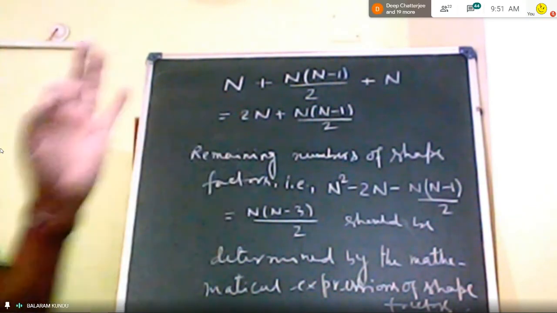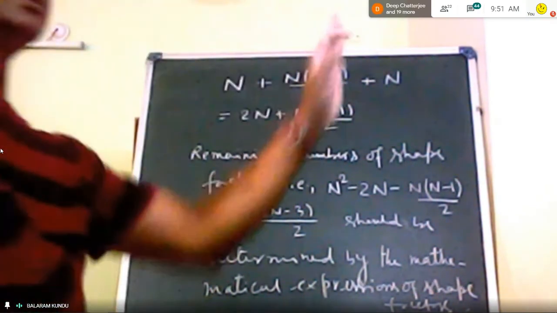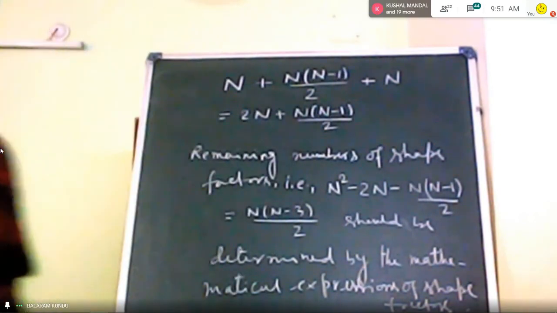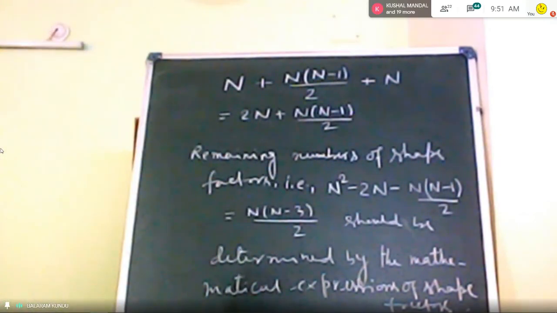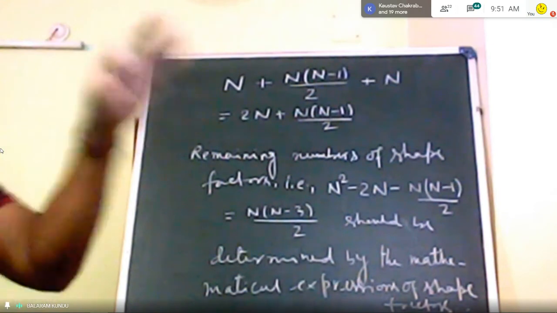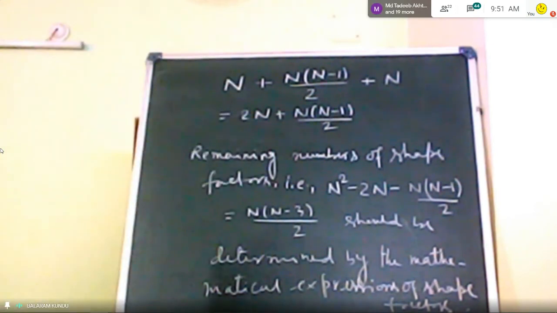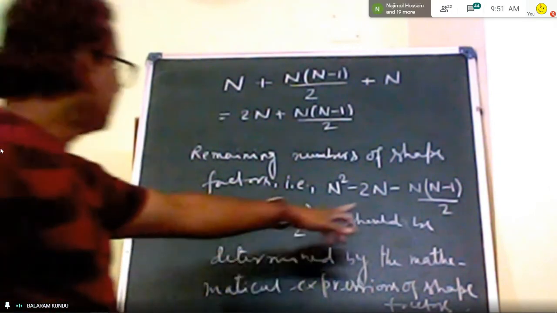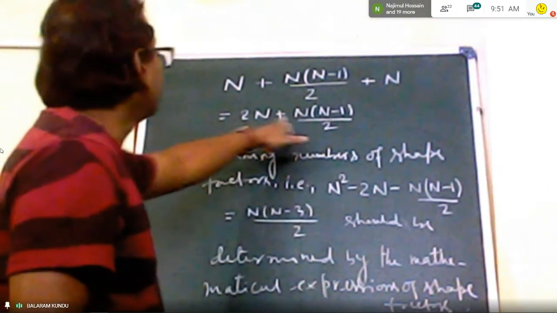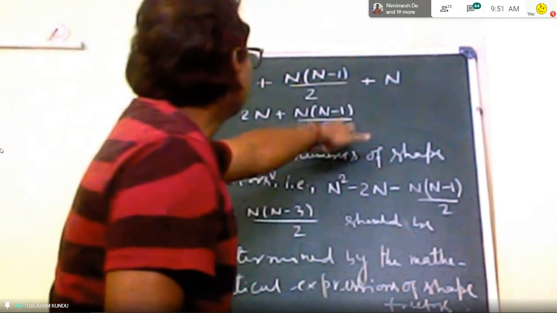That means n number of shape factor is also possible for the plane surface. Therefore, total number of shape factor possible to obtain by using summation rule, reciprocity, and plane surfaces is 2n plus n into n minus 1 by 2.